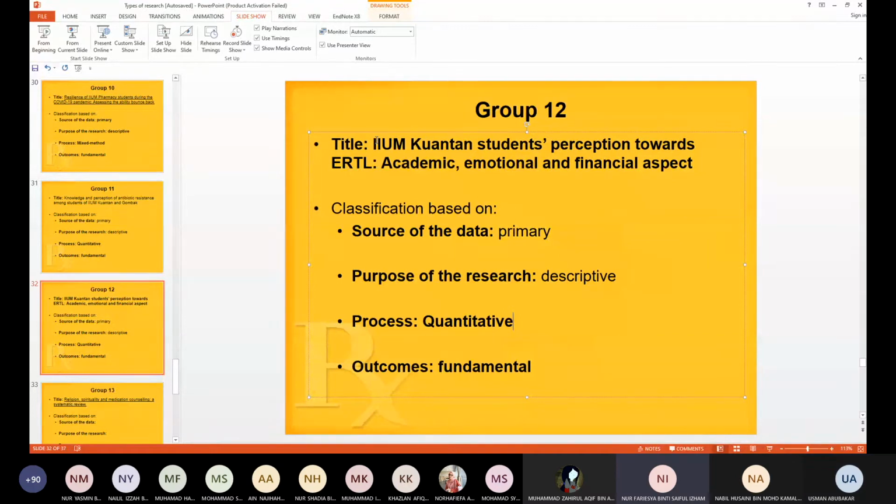How they are going to be affected by the ETRL, maybe financially or emotionally or academically. The reason why I'm asking is that you need to understand how it is going to affect them. How are you going to do qualitative?